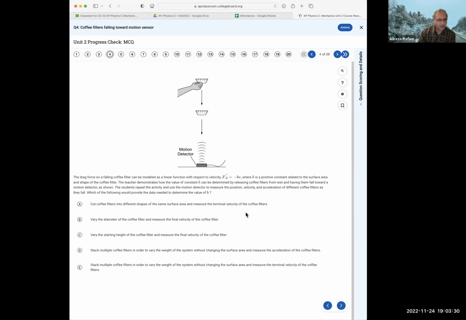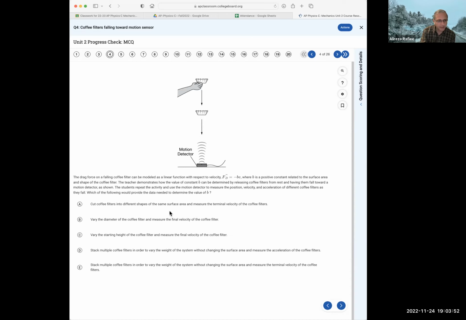Now, the teacher demonstrates how the value of the constant b can be determined by releasing coffee filters from rest and having them fall downward. They have a motion detector here. They fall, and this motion detector detects how fast they are falling.